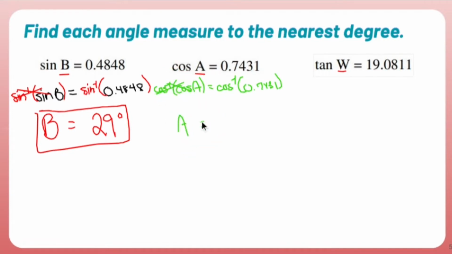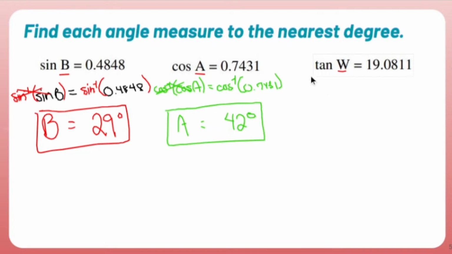And I run to a calculator. I type out inverse cosine of 0.7431, and I get 42.0038, so I'm going to go with 42 degrees. Okay?